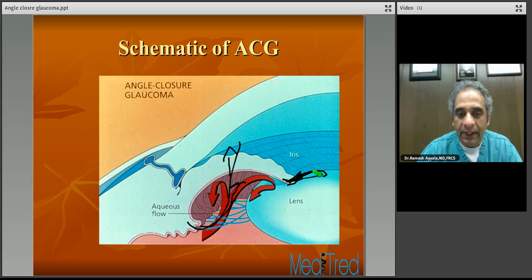And three, which is the classic treatment that we offer, is to create a hole, a pathway in the iris itself, so the aqueous can access the anterior chamber directly, and that's the mechanism of iridotomy. Understanding the pathophysiology and the concepts behind it will help you design the treatment modalities to implement in a patient in the clinical situation.